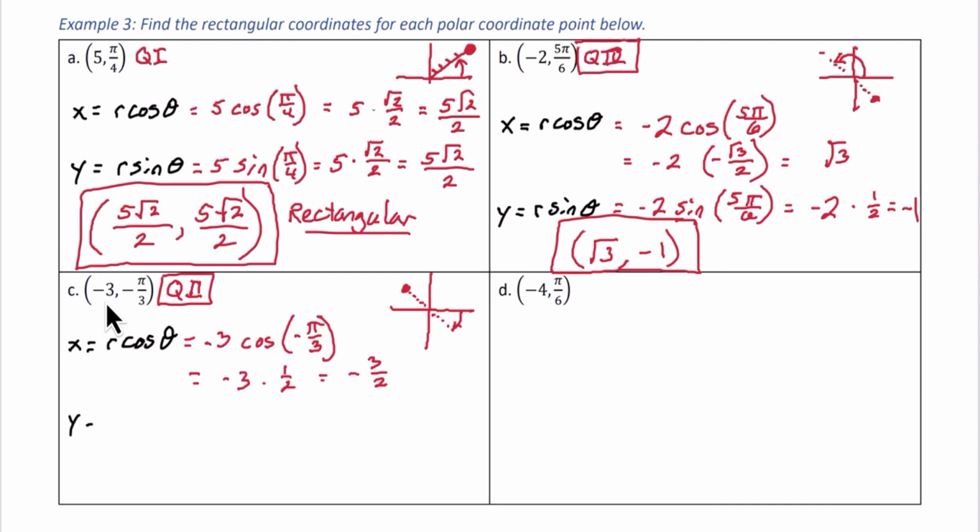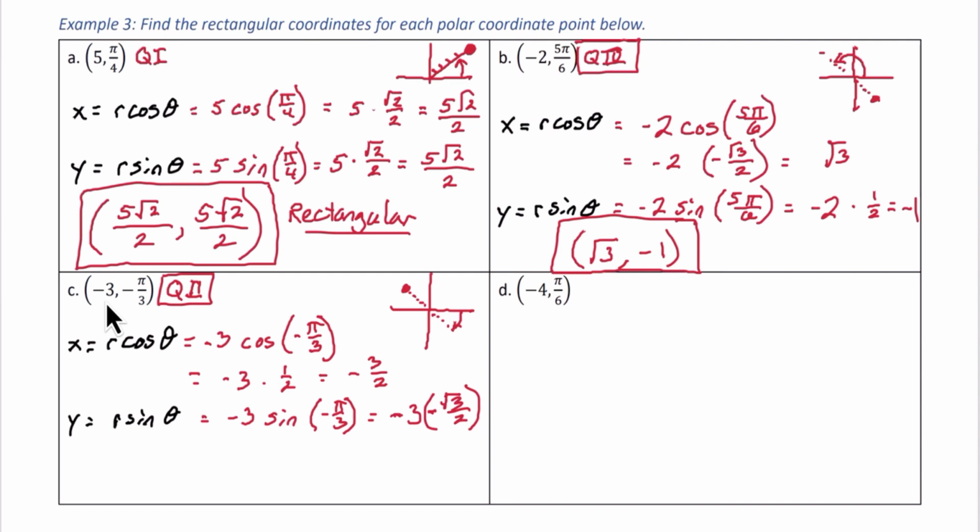Formula for y is r sine theta. R we are given as negative 3, and then we have sine of the given angle, negative pi thirds. Going to the unit circle, sine of negative pi thirds is negative root 3 over 2.